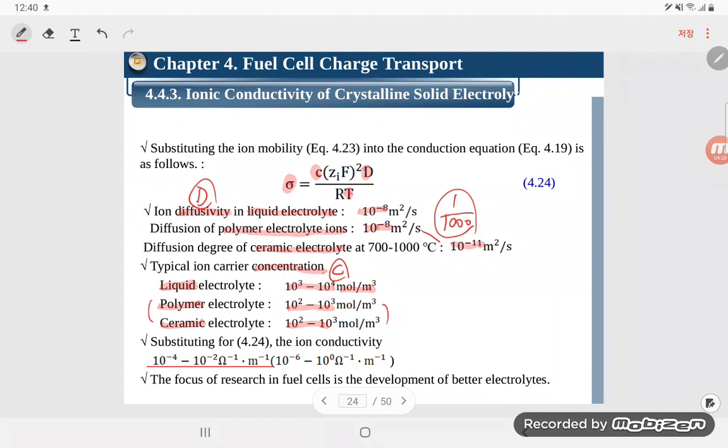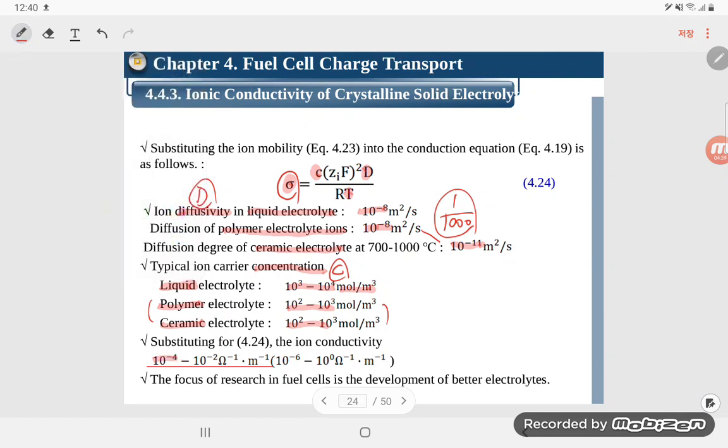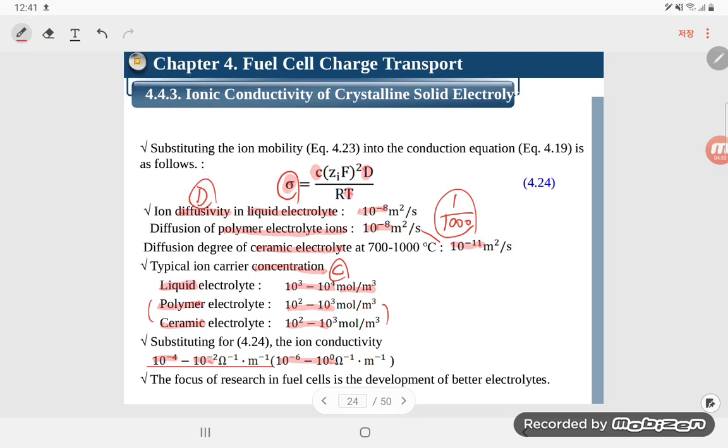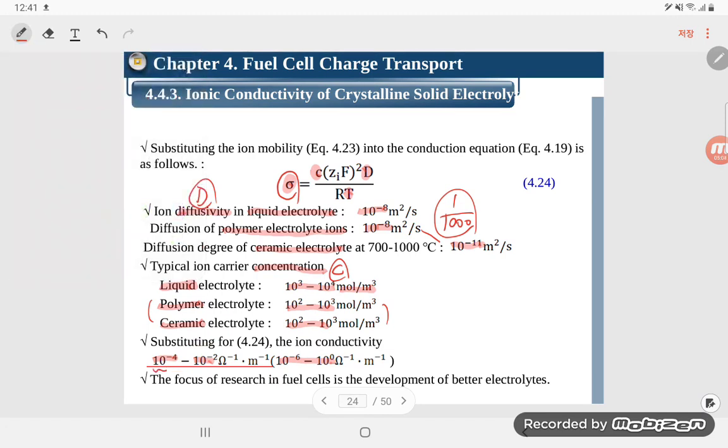If you substitute these values into the conductivity equation, we have values between 10 to the minus 4 and 10 to the minus 2 Siemens per meter. I think this is for the polymer and this is for the ceramic.